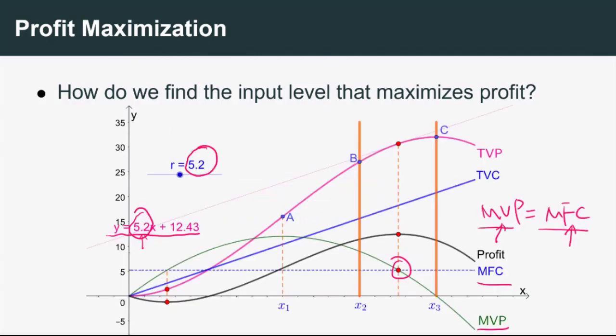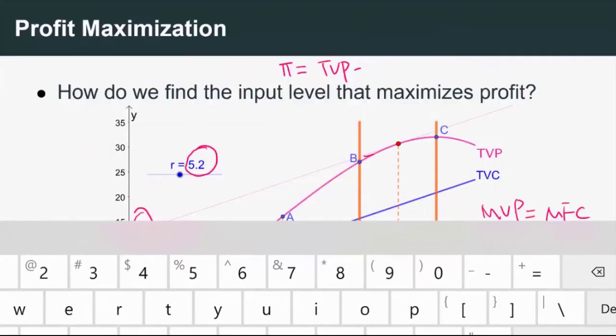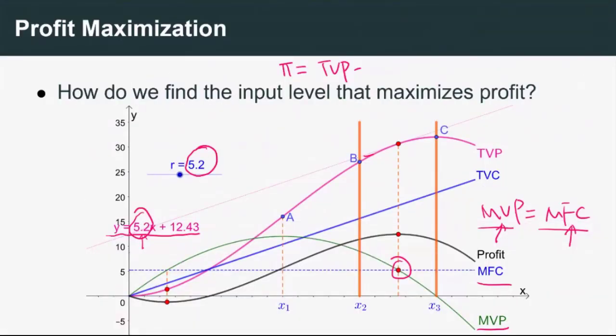So if we go back here, the profit is equal to TVP minus TVC, and the first derivative is TVP prime minus TVC prime.